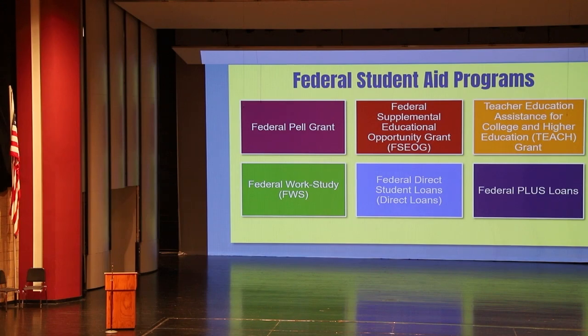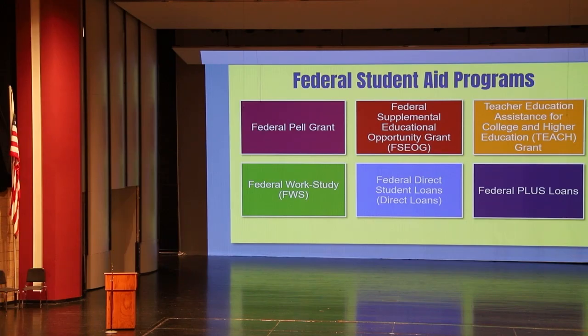That might be accounting. Most of the STEM programs are high need fields. But if your student is looking to go into education, look into the TEACH grant. There's an obligation that you teach in that high need field and also in a low income school district. And if you fulfill that obligation, then it remains a grant. If you don't fulfill the obligation, you have to pay that grant back as a loan.